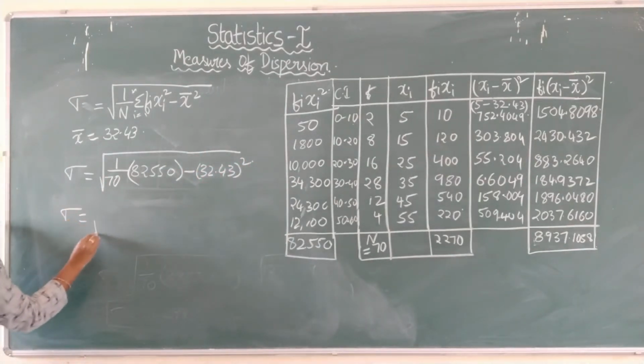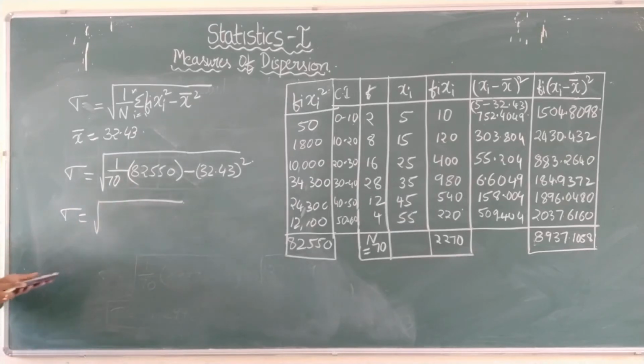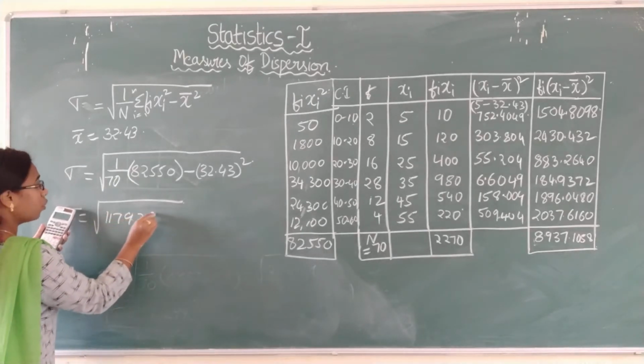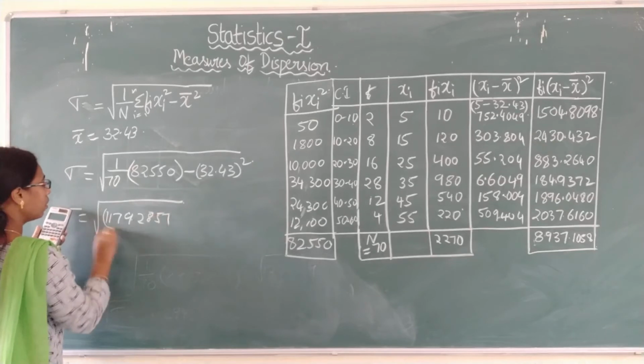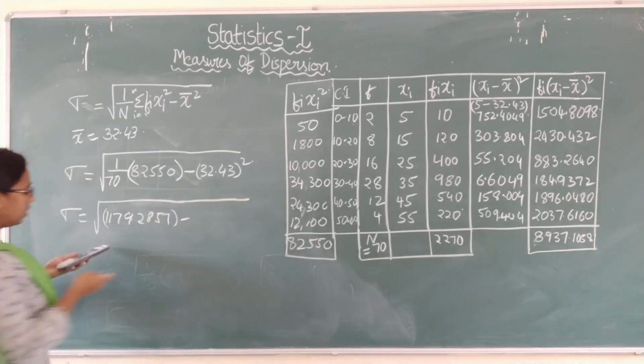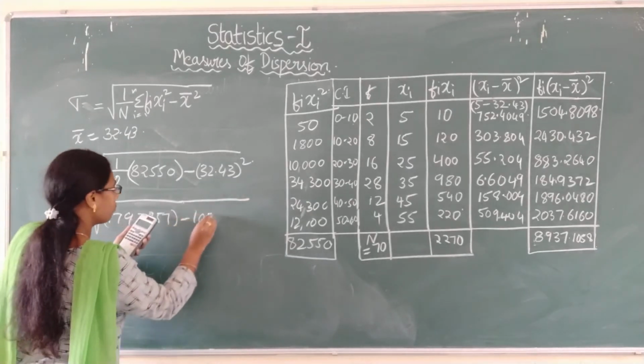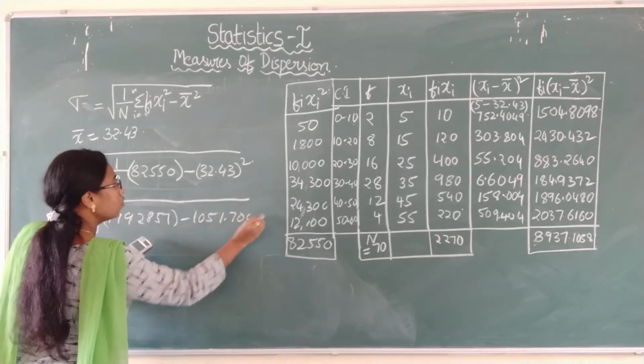Now find out the value. Sigma equals to square root of, first do 82,550 divided by 70. You will be getting 1179.2857 minus the square of 32.43, which is 1051.7049.